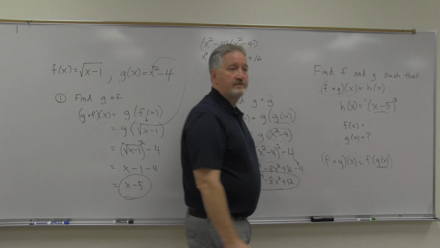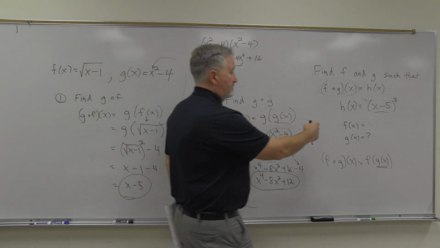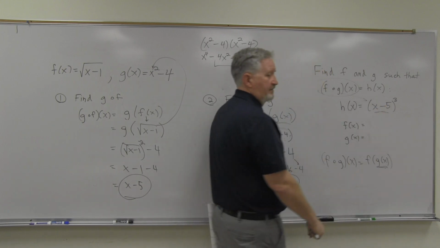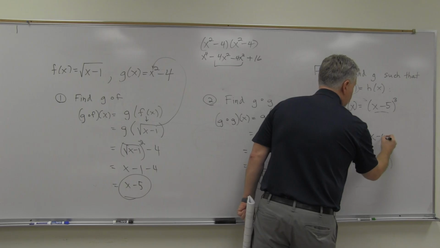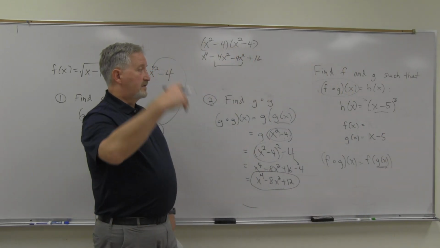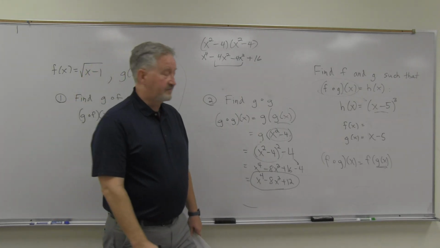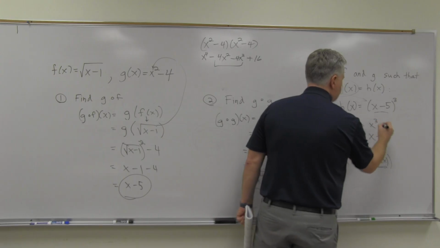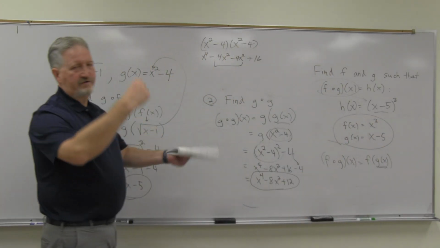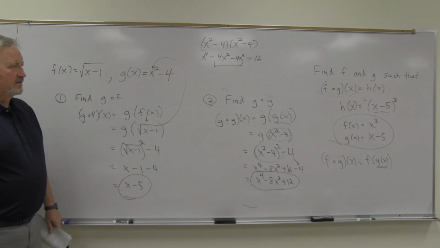G is first in that deal. So what should f and g be? Well, the first thing we do to this is subtract 5, so that's what g needs to do. Subtract 5. And then the other thing happening there is you're cubing, and so that's what f needs to do. See that? So then if you do the composition, you can check it. You'll get the right thing.